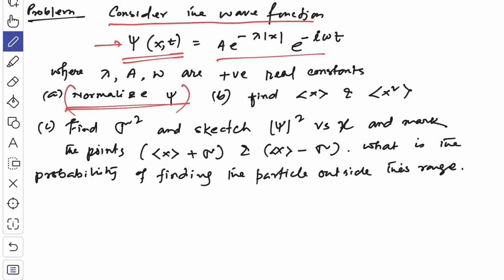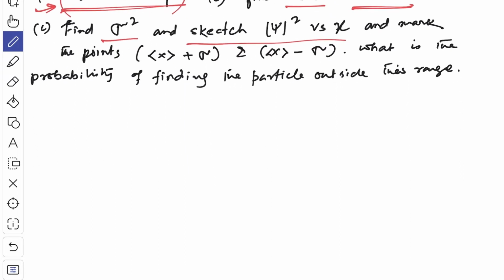As I have already shown in the first video of this quantum mechanics series, how to find expectation values, sigma square, and how to sketch the graph, we will solve those also here. So first let me show you how to normalize the psi. Let me scroll down the page.